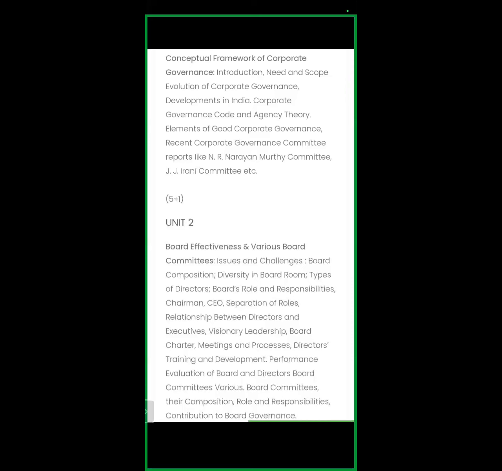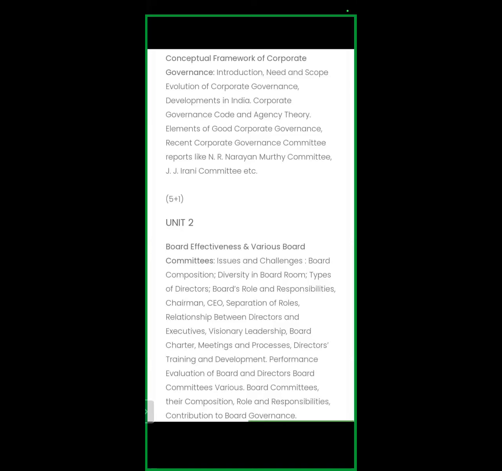Not only SEBI, we will also discuss other enforcing agencies like the Companies Offences Wing, then the companies-related appellate tribunals. But mainly, we will be focusing on SEBI, that is the Securities Exchange Board of India. What are the roles and responsibilities of SEBI?